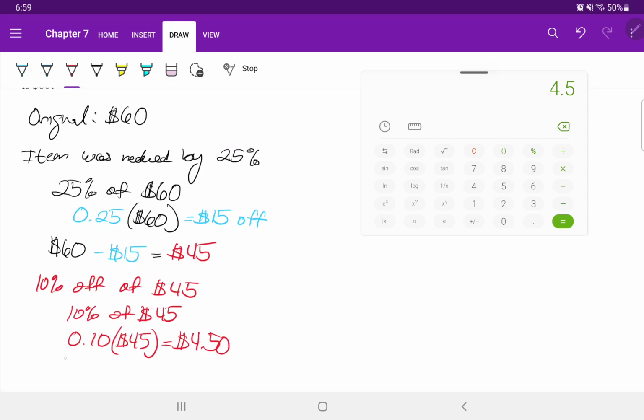So that's going to be $45 minus $4.50, and that's going to equal $40.50. And this right here will be the new amount.